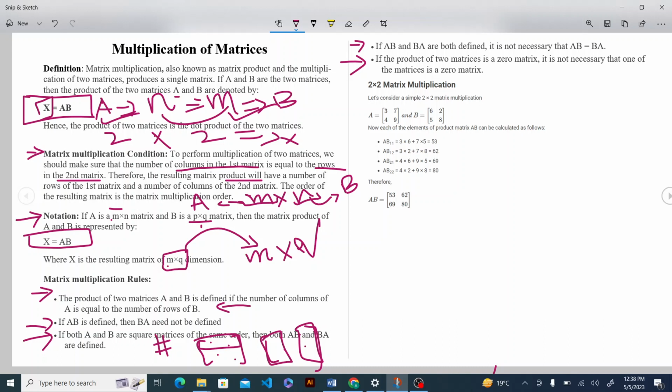The last rule is, if the product of two matrices is a zero matrix, it is not necessary that one of the matrices is a zero matrix. In the case of a zero matrix or null matrix, the answer will always be a zero matrix. But if the other matrix with which the first matrix is multiplied is not zero, and some other elements are present in it, the product can still come out zero.